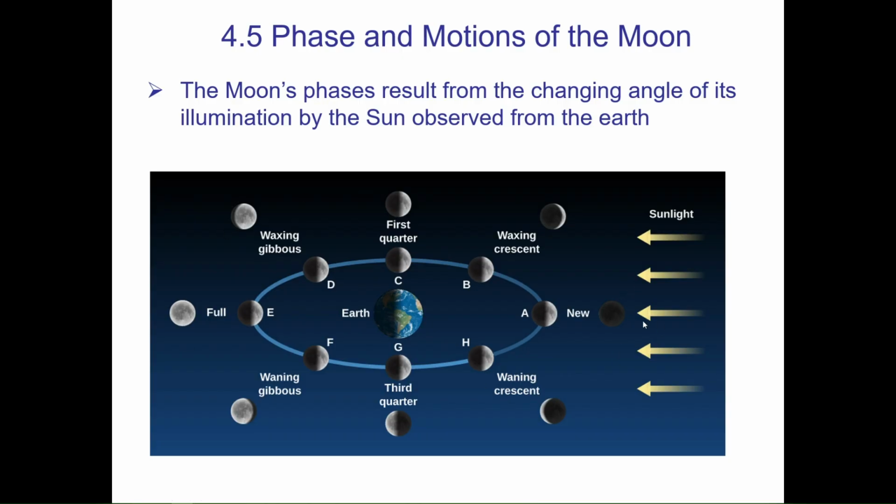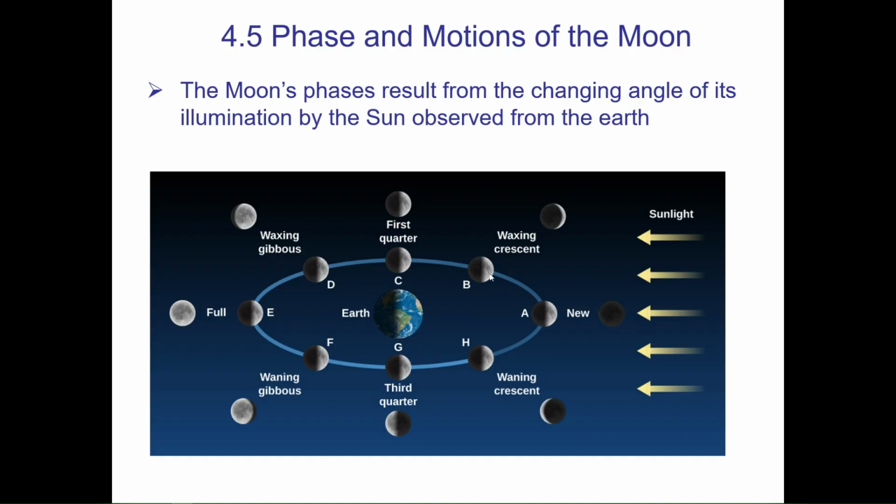If you look at this picture, start from a new moon. That is when the half of the moon that is bright, always the same half facing the sun, is bright. However, when we're standing on the Earth, we cannot see any part of the lighted part of the moon. So when we look at the moon, we only see the dark half of the moon.